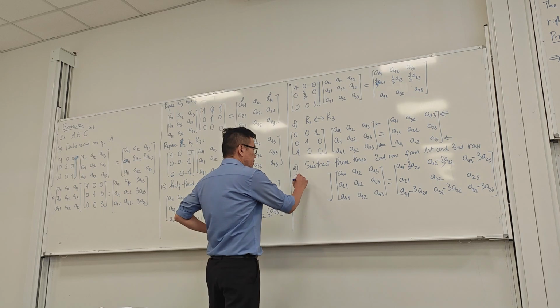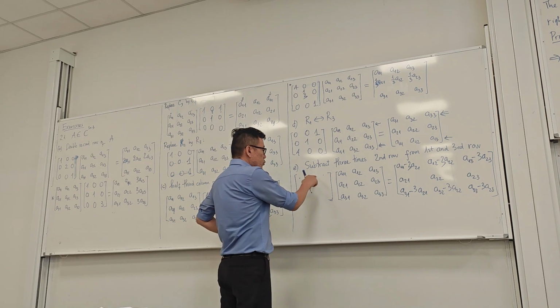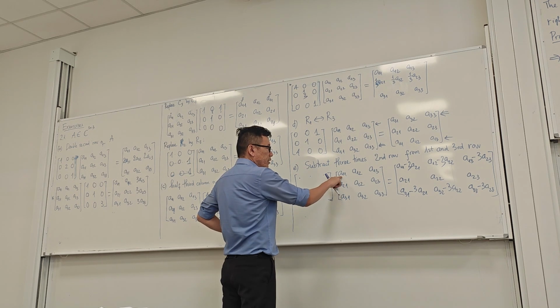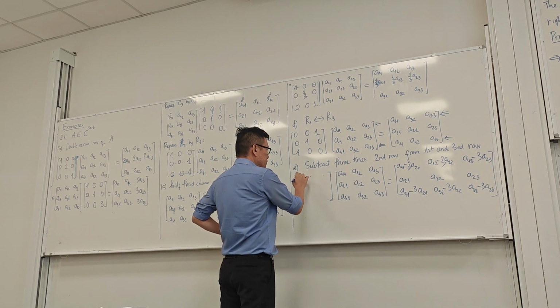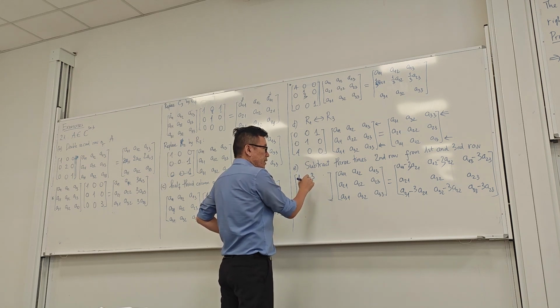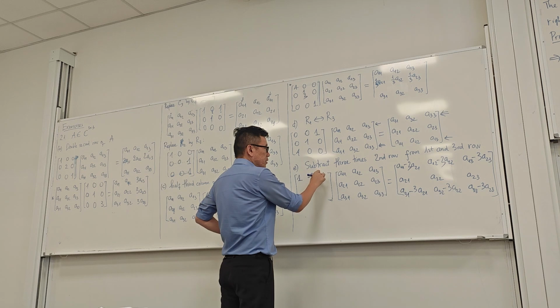Now, this one multiplied with this one, what should we have? This is 1, this one should be minus 3, and this one should be 0.